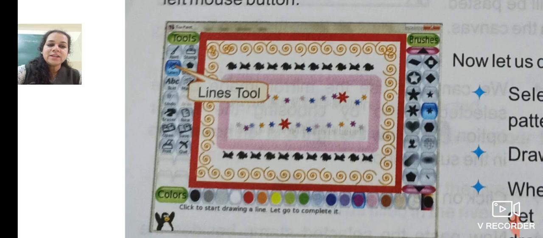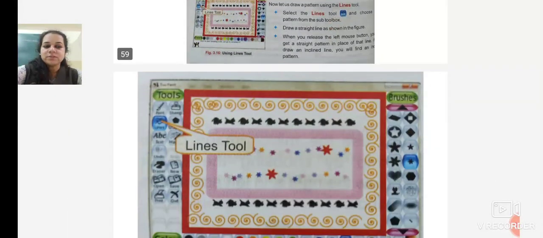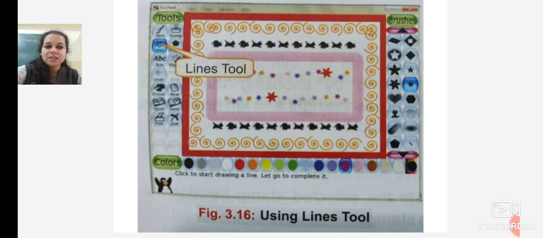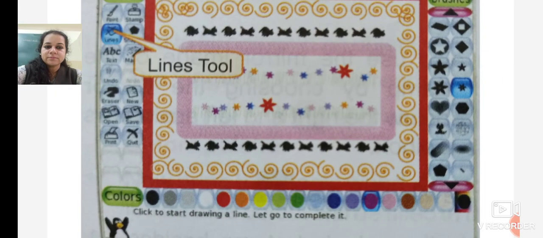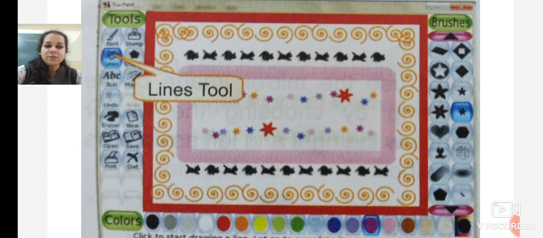You can draw straight lines, slanting, inclined lines, whichever line pattern you want, in the lines tool. When you click on the lines tool, you get line drawing options.